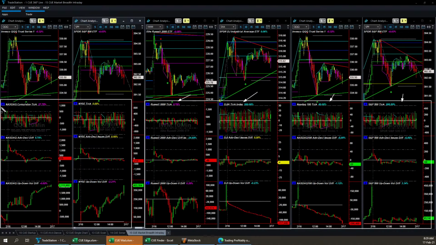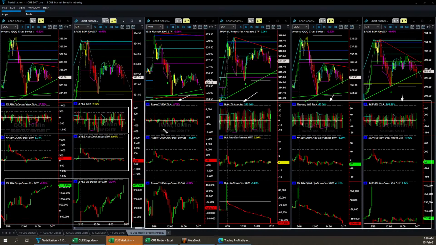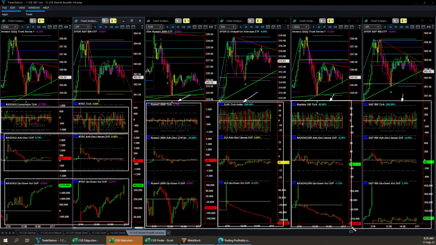We already had for Nasdaq and NYSE composites the tick, advanced decline and up down volume. Now during the day, intraday, in real time, we are able to observe the same for the 4 major indices also.